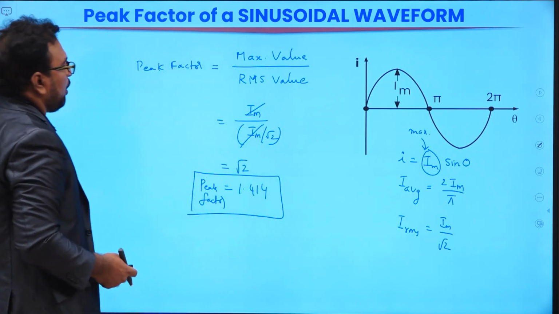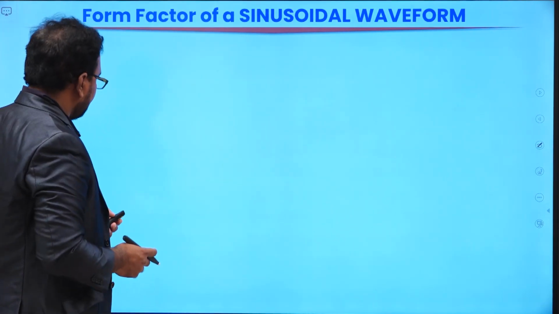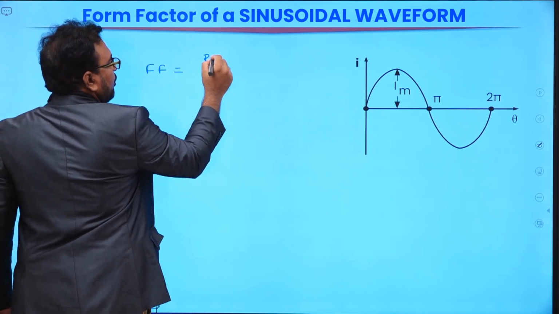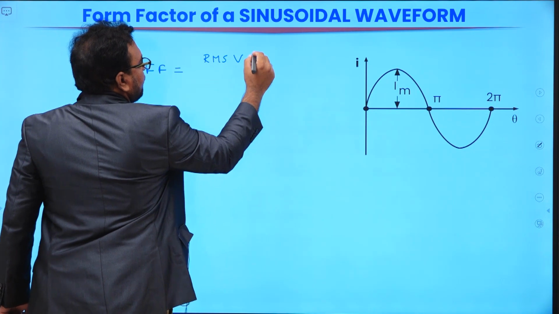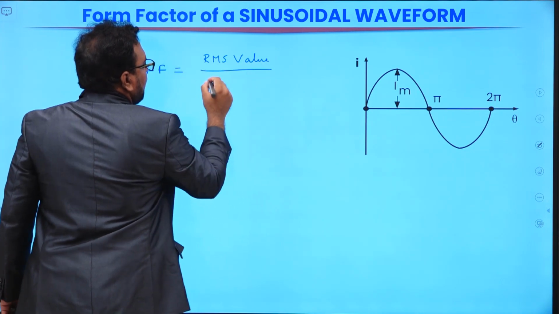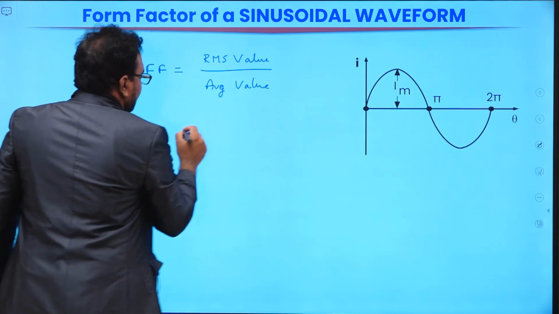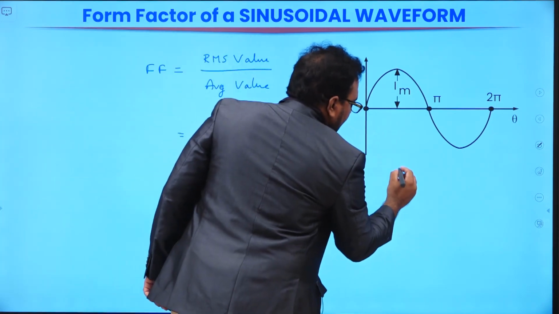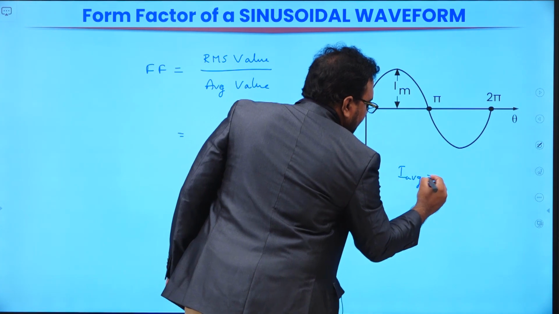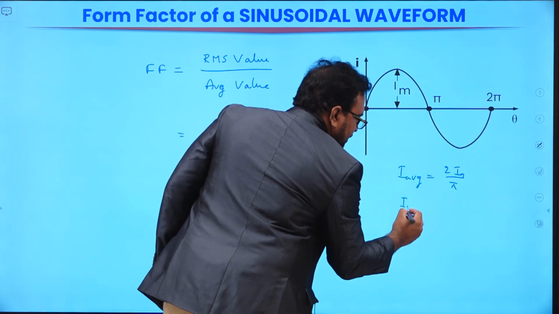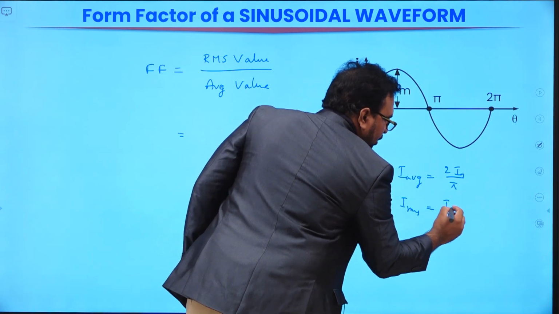Similarly, how are you going to calculate the form factor? According to the definition, form factor is nothing but the ratio of RMS value to the average value. So we know that I average is 2 Im by pi and I RMS is Im by root 2.